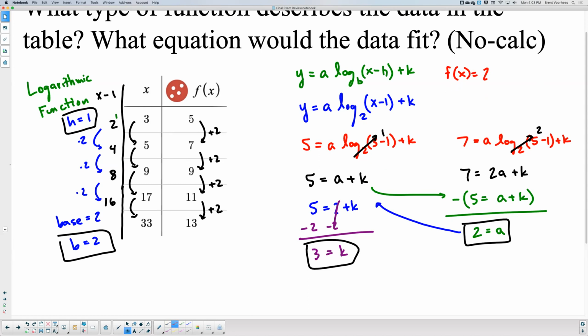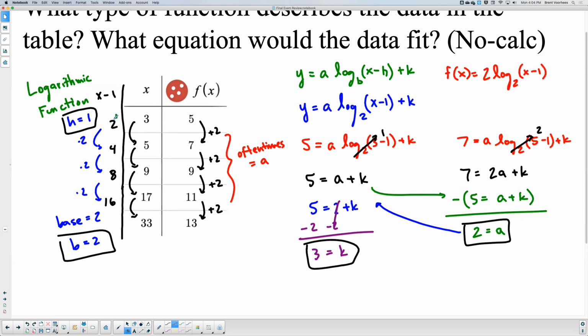There's a 2. So notice that matched up. Oftentimes the value is equal to a, and that proved true this time. 2 log, the base was 2 from over here, base 2, x minus 1.